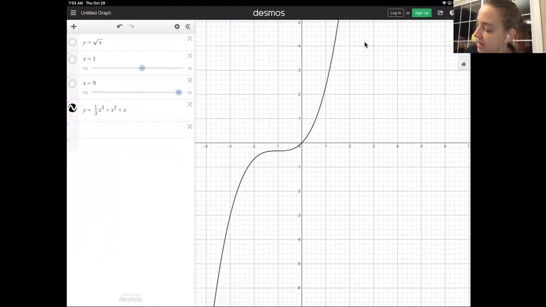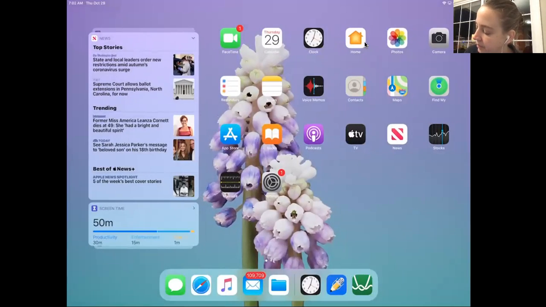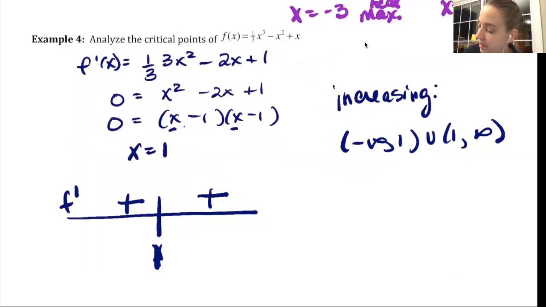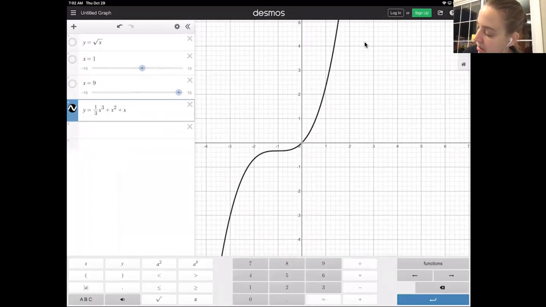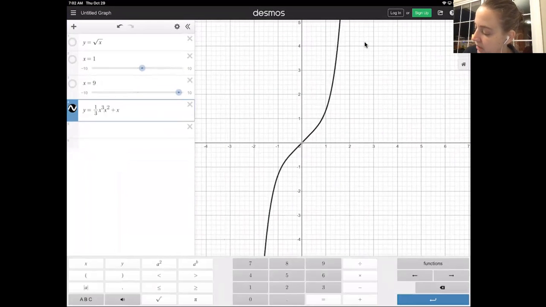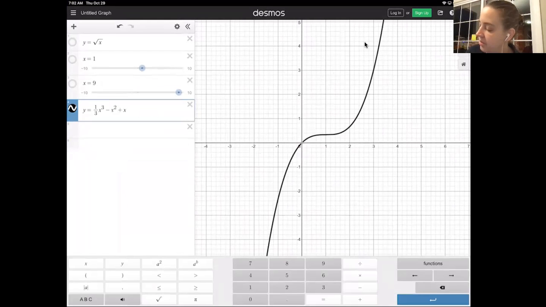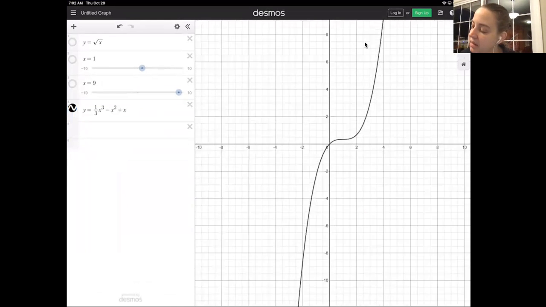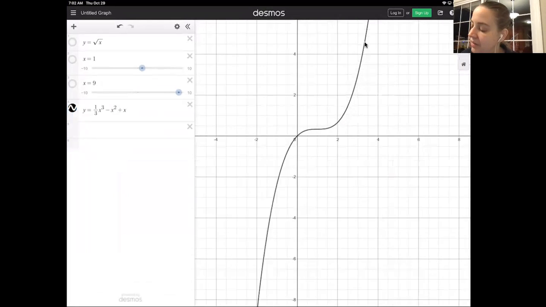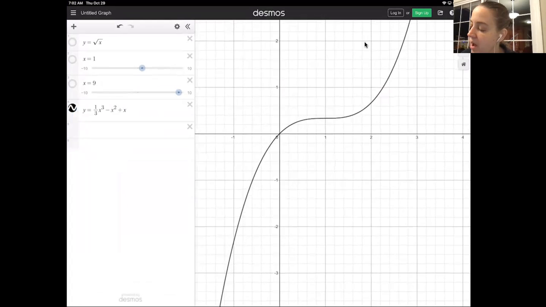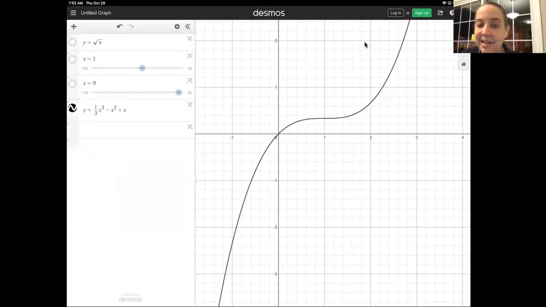Oh, wait, I think I missed a sign. Yep, a minus 2x plus 1 minus x squared. That'll make a difference. There we go. There's my shift. So this is a cubic function. And those other terms just kind of shifted a little bit. So if I zoom in here and look at 1, yeah, I can see that it goes horizontal.